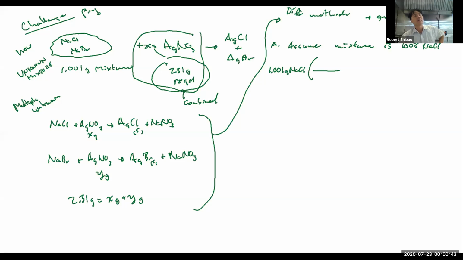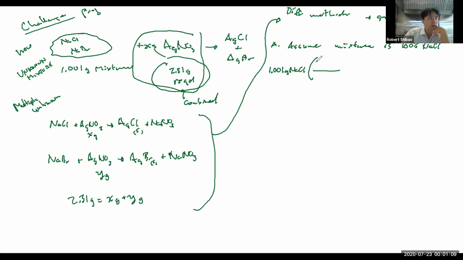Actually, I don't want to calculate the molar mass, although it's probably not hard. I'll just look it up. NaCl. 60.66. Wait, no, that's not it. 58.44. 58.44 is its molar mass.